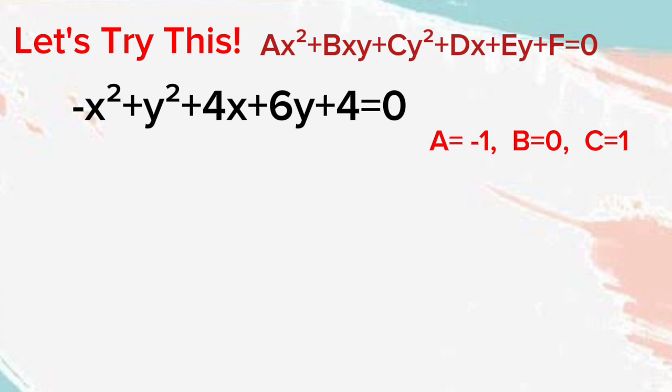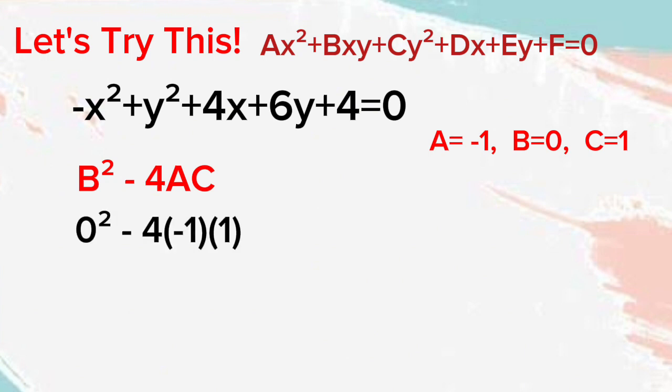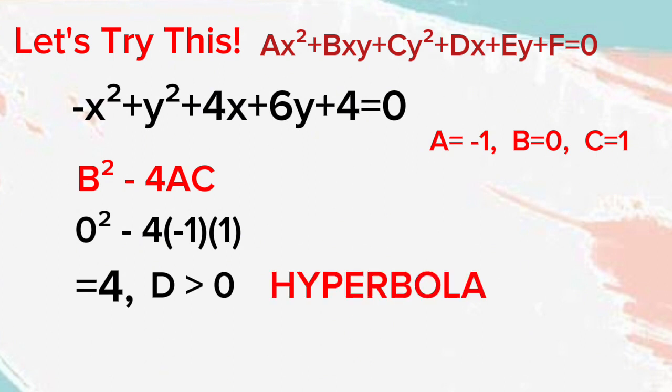Using the discriminant formula b squared minus 4ac, by substitution we have 0 squared minus 4 times negative 1 times 1. Therefore, it is equal to 4. Since our discriminant is greater than 0, this is a hyperbola type of conic.